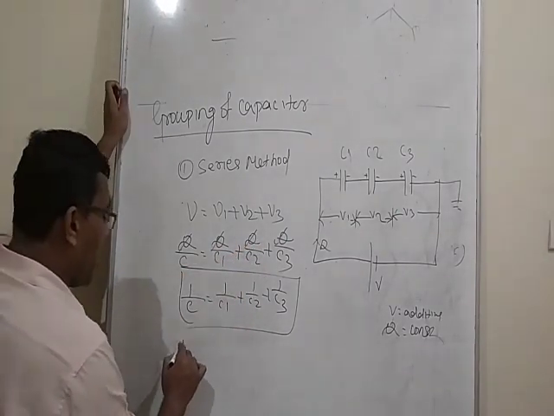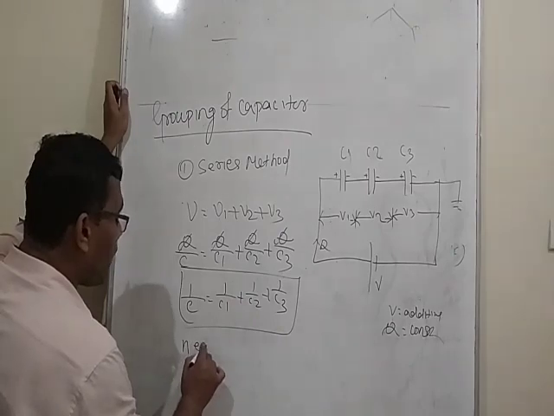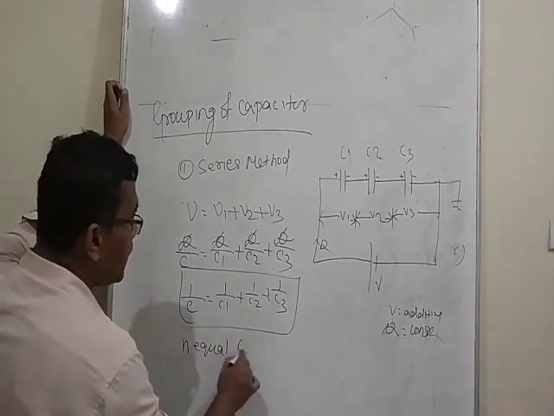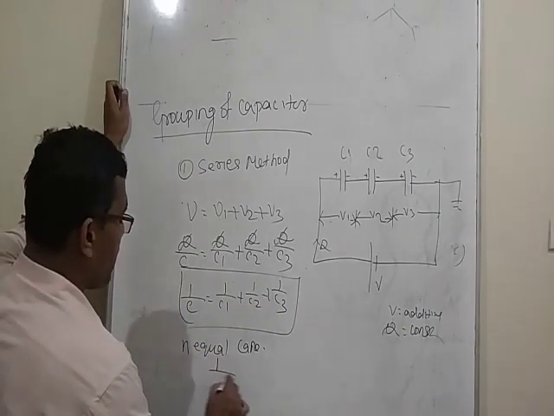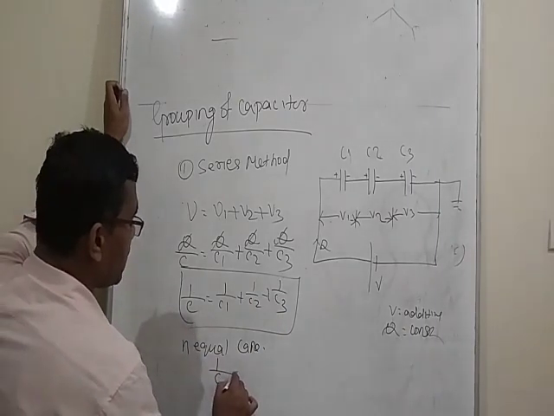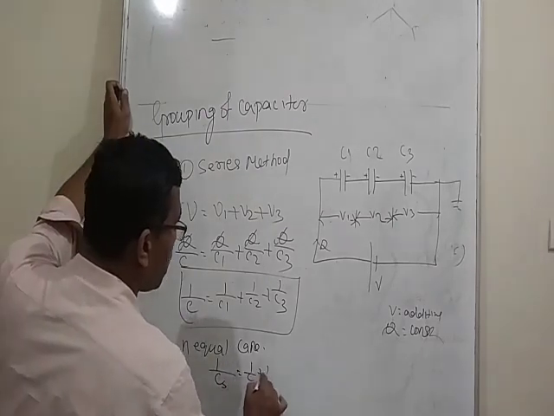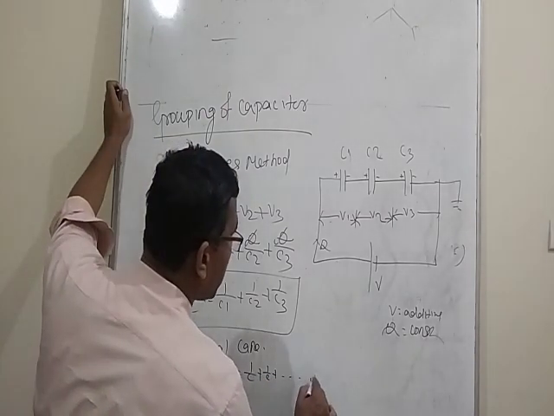Next, if n equal capacitors are connected in series, then 1 by C series is equal to 1 by C plus 1 by C and so on up to n terms.